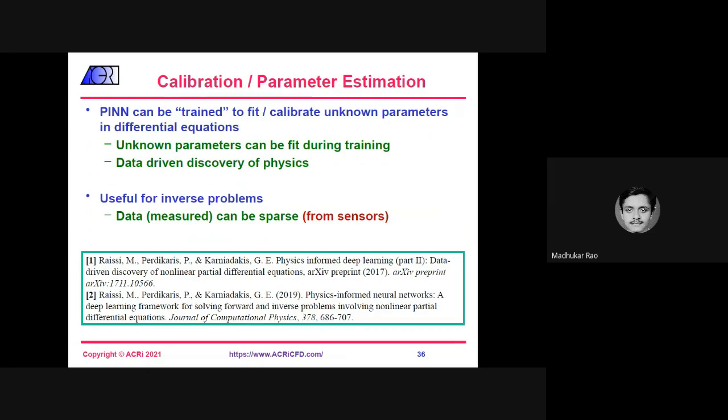The other thing is, PINNs have been trained to fit and calibrate unknown parameters in differential equations. So Raissi's paper talks about data-driven discovery of physics. That basically means unknown parameters of a given equation can be fed.